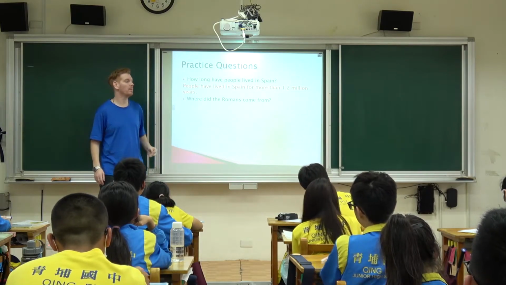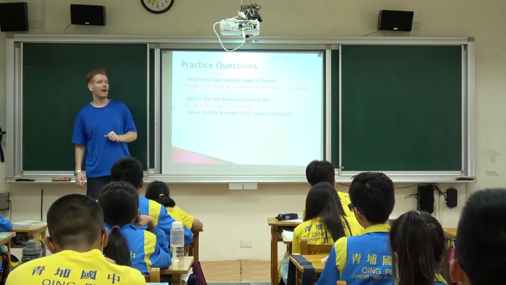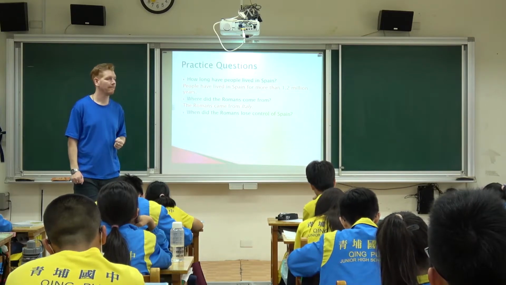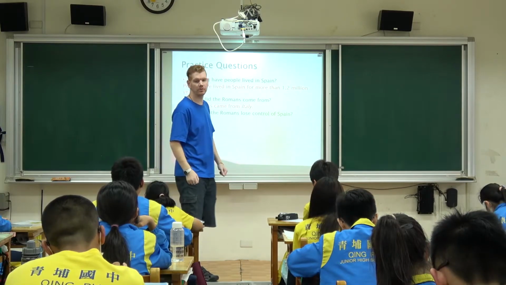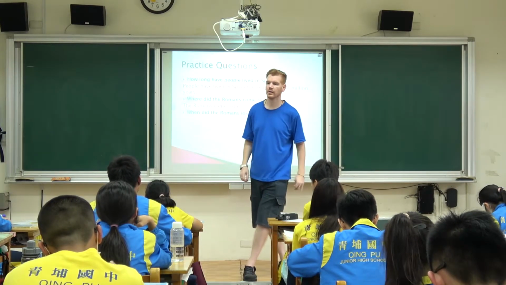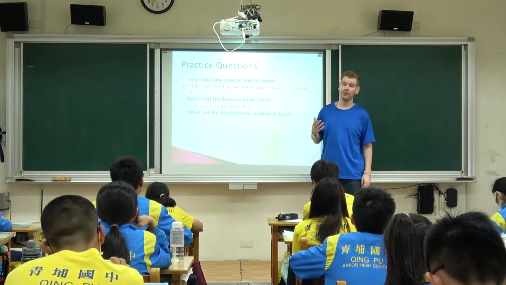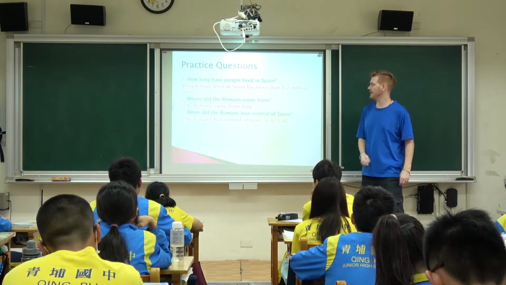They came from Rome. When did the Romans lose control? So what year did they lose control? 419 AD.